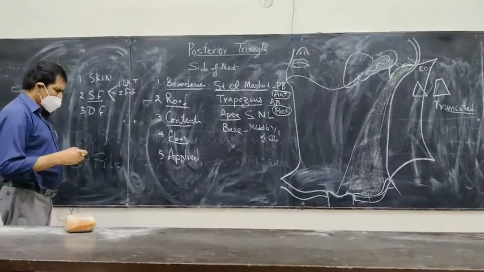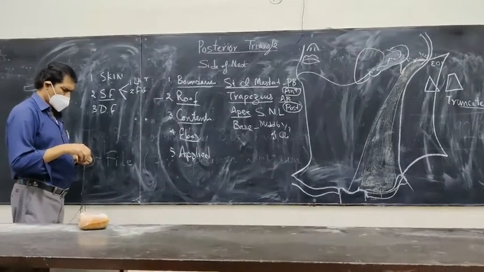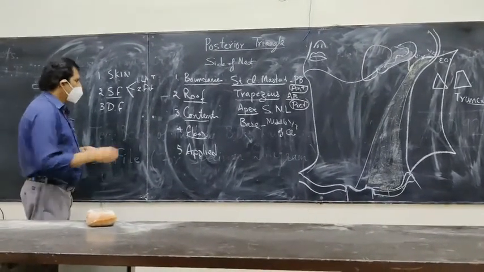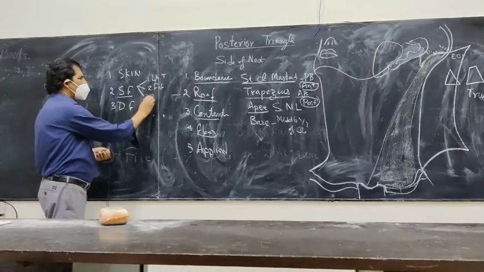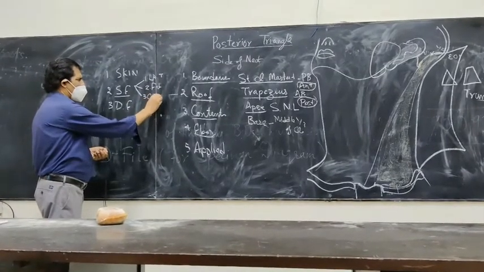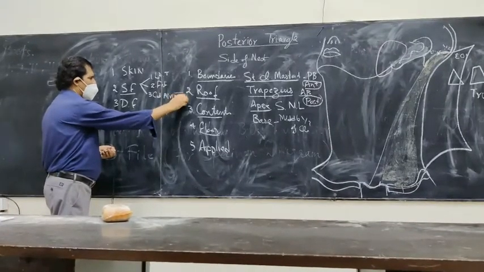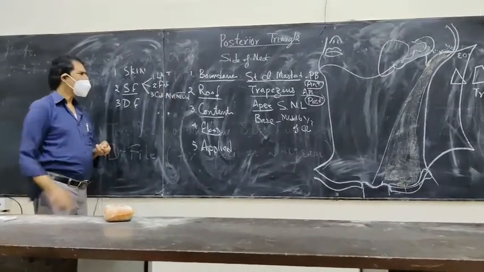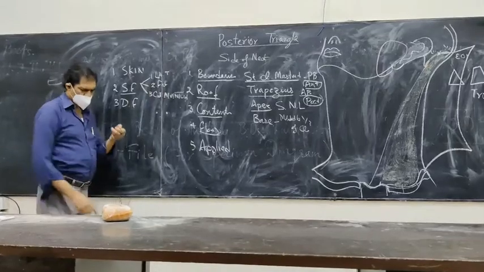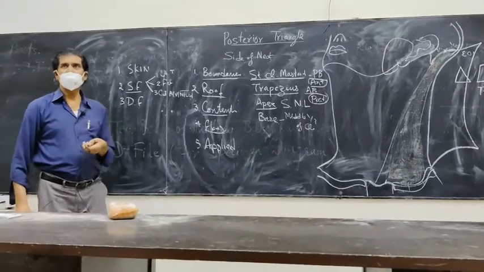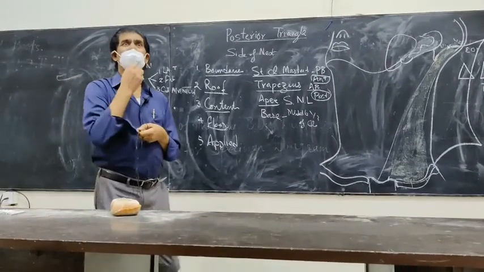And what is the third content? The third content is cutaneous arteries, veins, nerves, lymphatics and lymph nodes. Cutaneous means cutis. Cutis means skin.